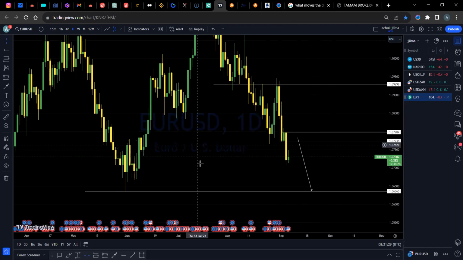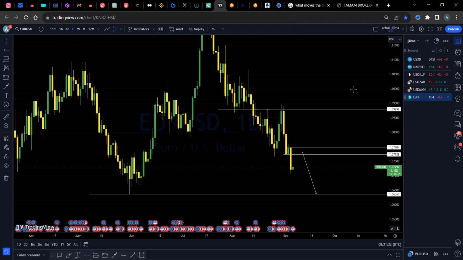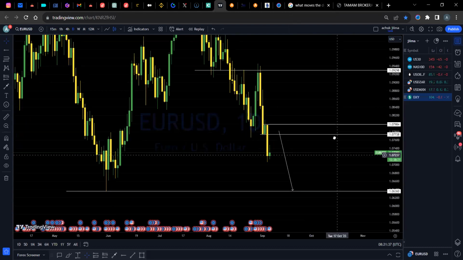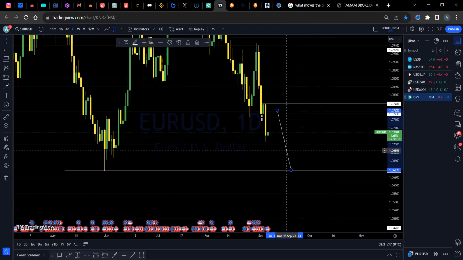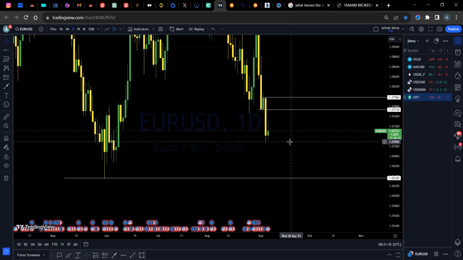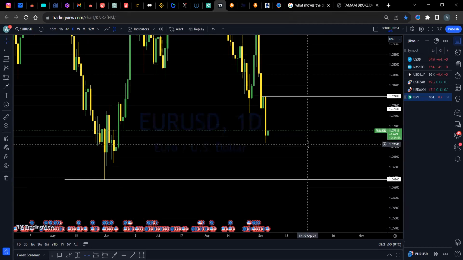So the rest is all about patience. You understand the direction of the market from the bigger perspective. The rest of the work is all about patience and waiting for entries at the right place. And by entries at the right place, I mean, if you understand the overall direction of the market, then you will want to sell as high as possible and buy as low as possible.